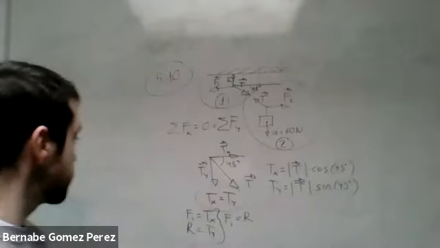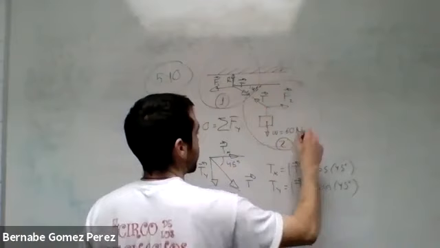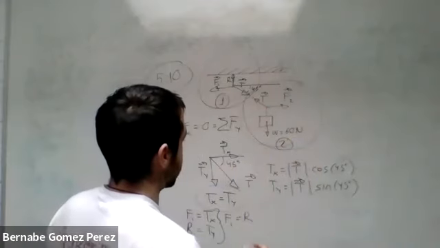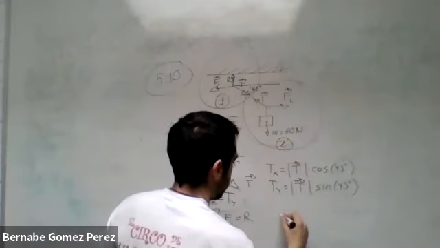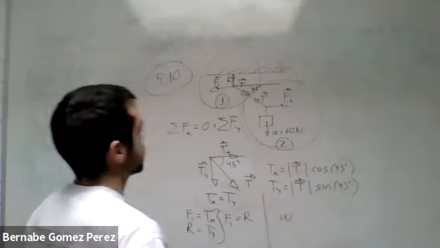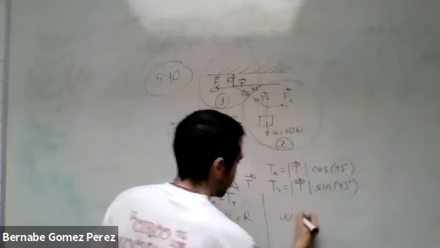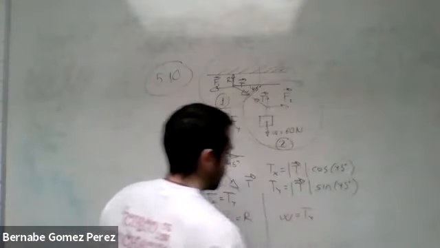So what else do we need to know? Okay, now we're going to try to take some equations from here. So I know that W, the weight, is going to be equal to Ty.